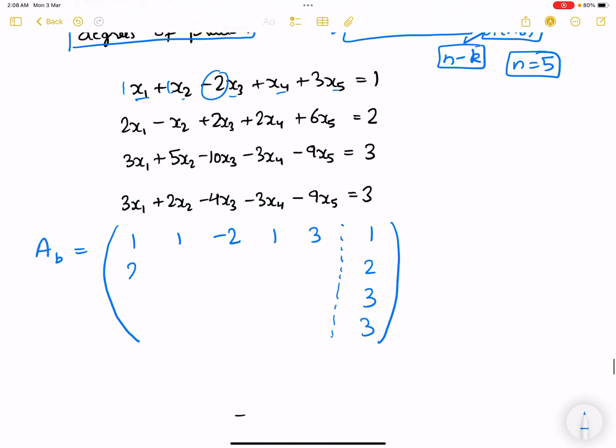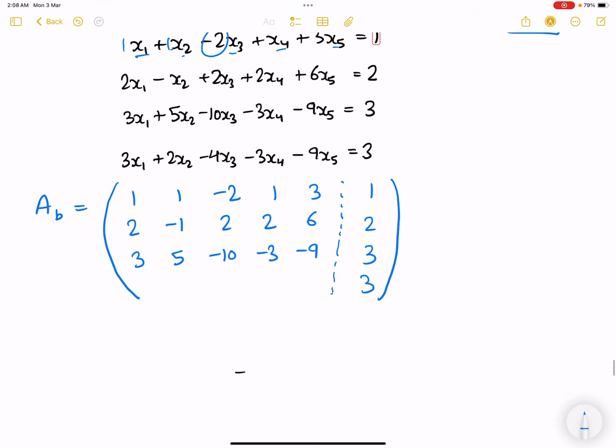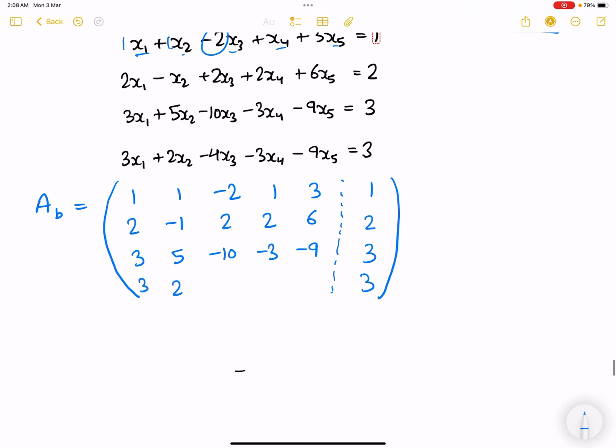And this is 2, minus 1, 2, 2, 6, 3, 5, minus 10, minus 3, minus 9, 3, 2, minus 4, minus 3, minus 9.